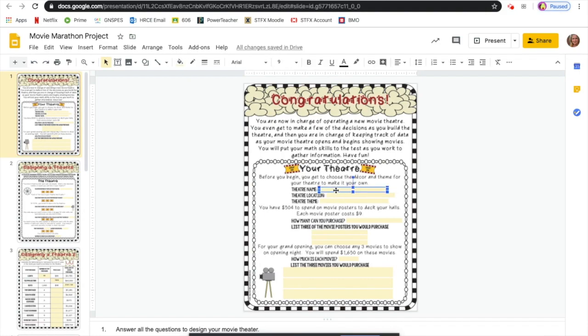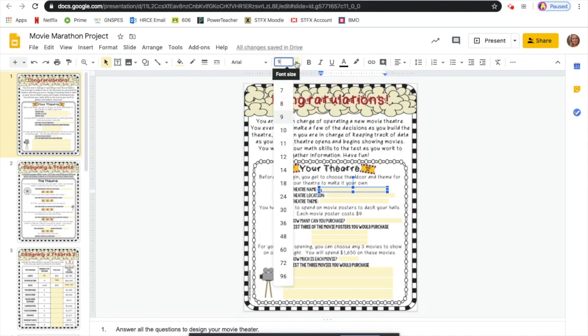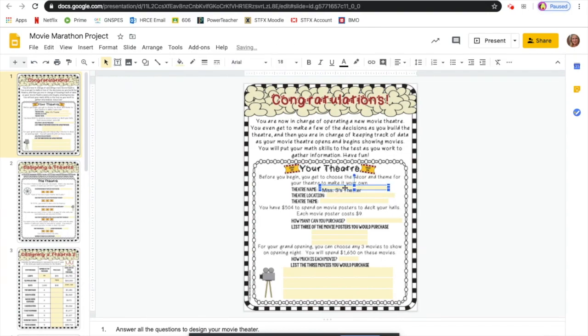And all of these boxes are editable. So I can type directly into these boxes. As you can see, this one's kind of hidden a little bit. There we go.